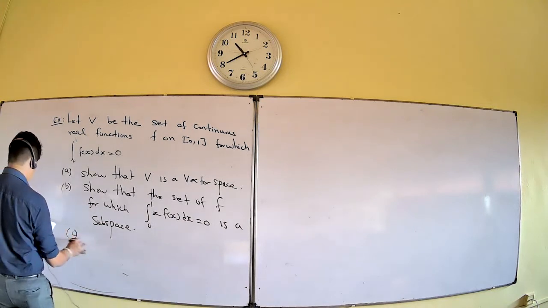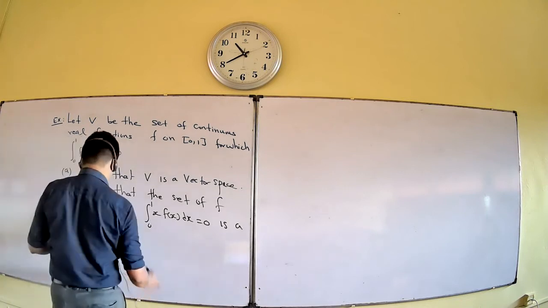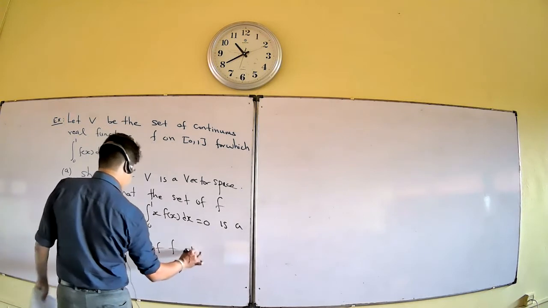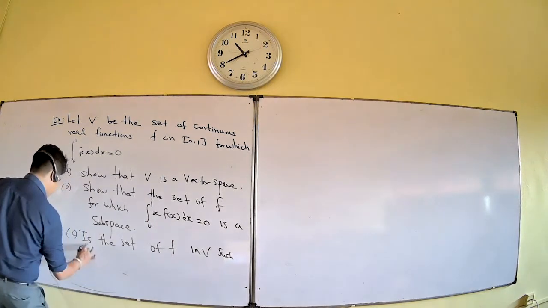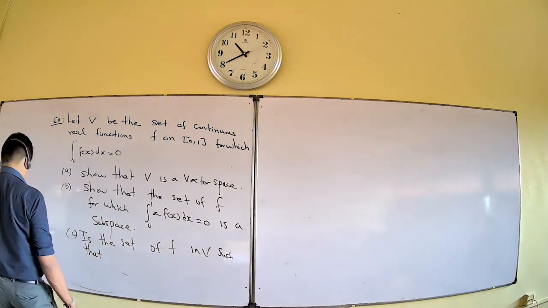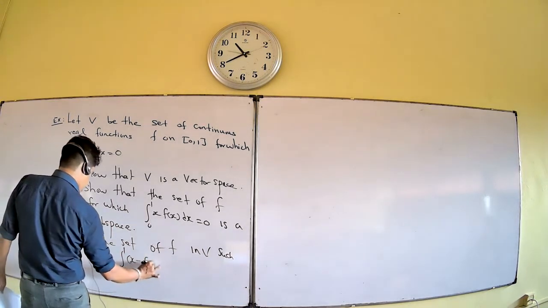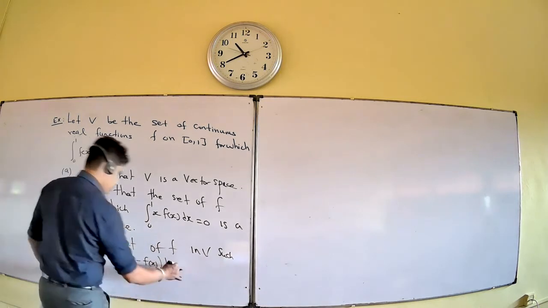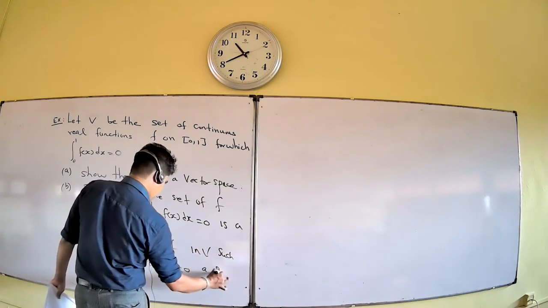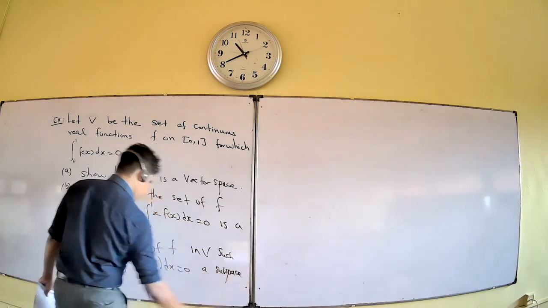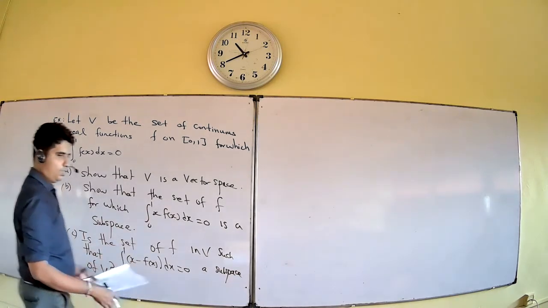The third one is the set of f in B such that the integral from 0 to 1 of x minus f(x) dx equals 0 is a subspace of B, right? They asked three questions.